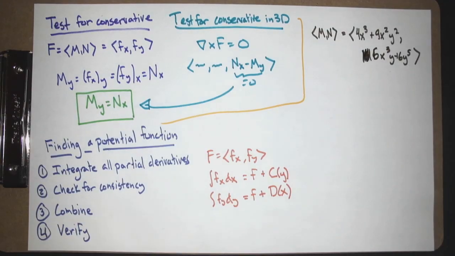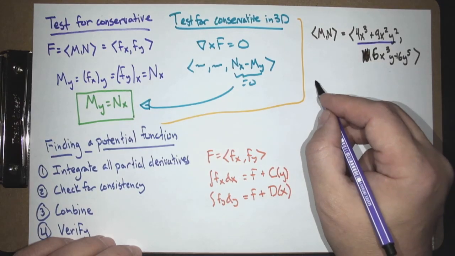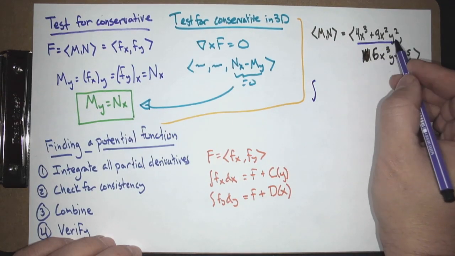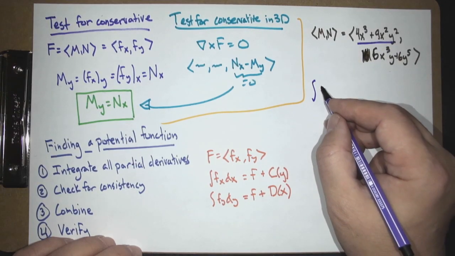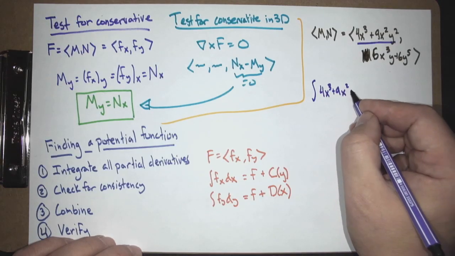Okay, I claim this is conservative. I want to find the potential. With practice, you can almost do this in your head. So we grab these two pieces and we integrate. What will we integrate this part with respect to? X, because it's in the part which corresponds to the derivative with respect to x.